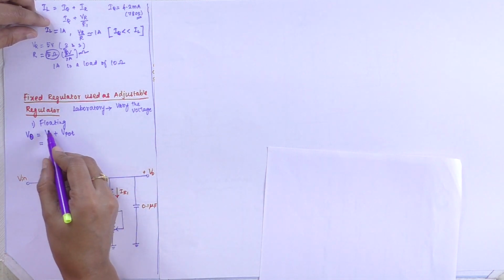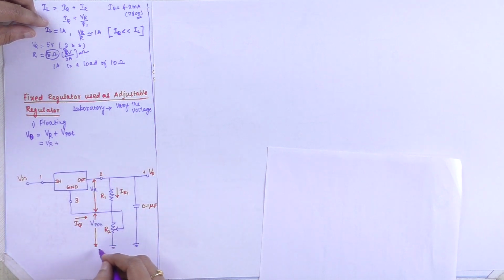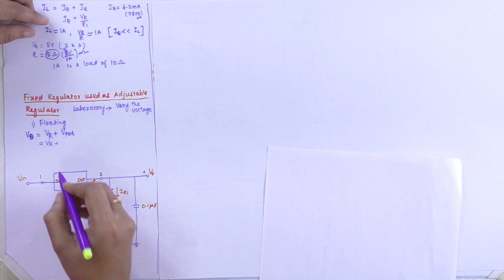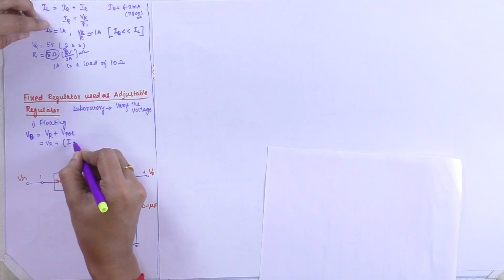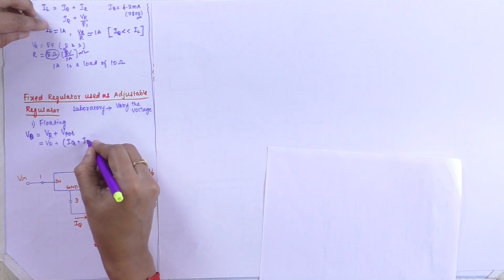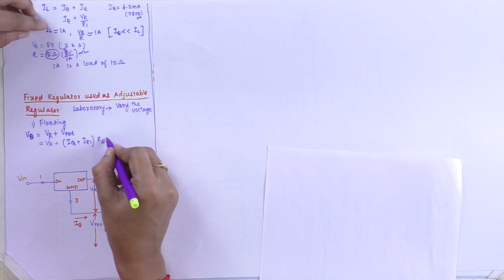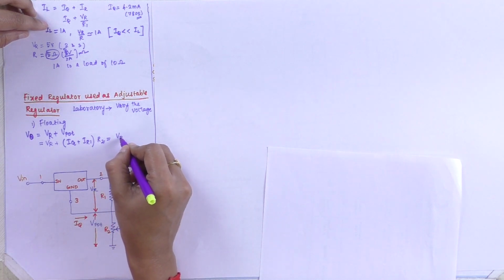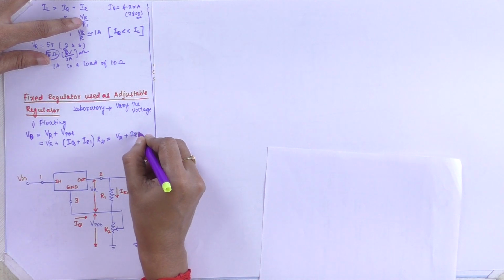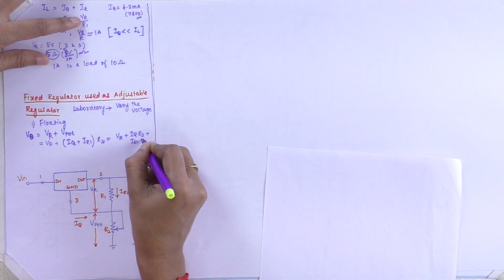The current through the potentiometer is the sum of IQ and the IR1 current, flowing through the resistor R2. So I can write the expression VR plus IQ R2, and separately IQ R2 plus IR1 R2.